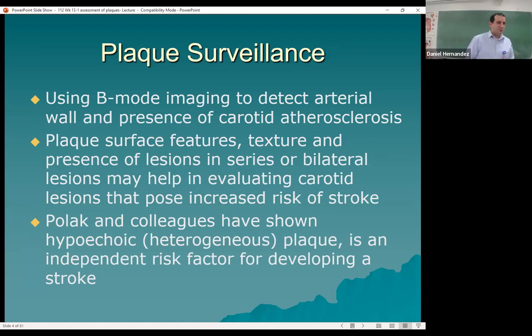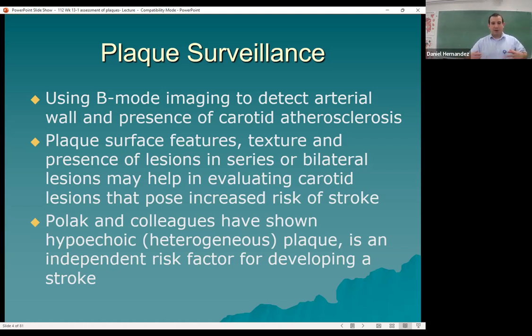So for carotid Dopplers, or whenever we're assessing for plaque, we're going to utilize our B mode, our 2D imaging, with nice grayscale images. This 2D will allow us to determine some of the surface features and the texture of the plaque. When we get to different types of plaques, we want to decide if the plaque looks homogeneous versus heterogeneous. Is it complex?